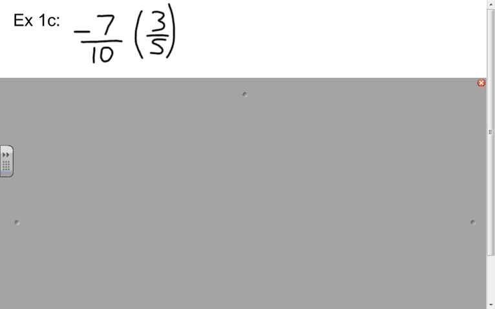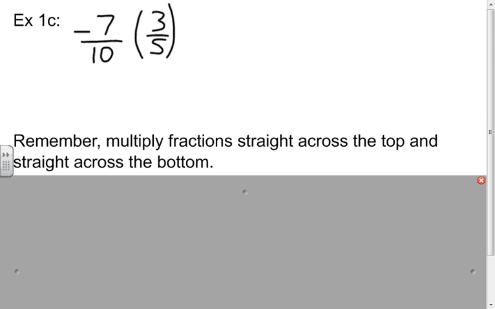Here's another one. Negative 7/10 times 3/5. Remember, when you multiply fractions, you go straight across the top and straight across the bottom. So if we go straight across the top, negative 7 times 3 is negative 21. 10 times 5, straight across the bottom, is 50.